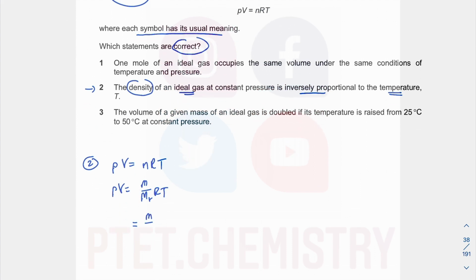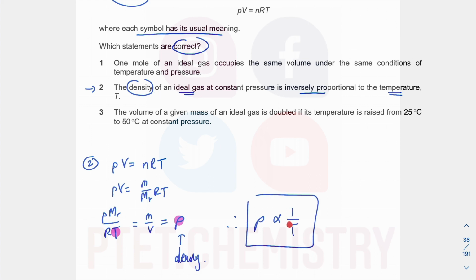Make m over V the subject, so I have P Mr over RT. This is density, because density is mass per unit volume. I just have to equate that to density. Looking at that, I hope you can see density is here, your temperature is there, therefore density is inversely proportional to temperature.